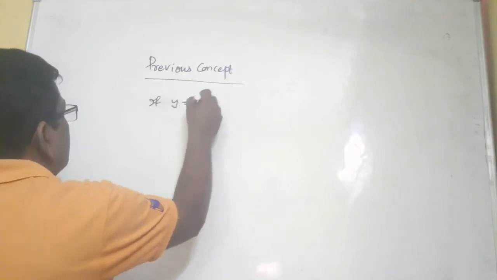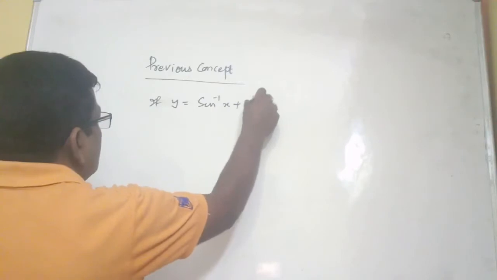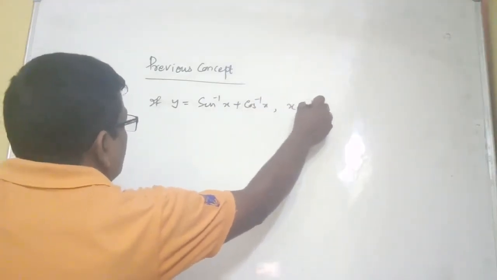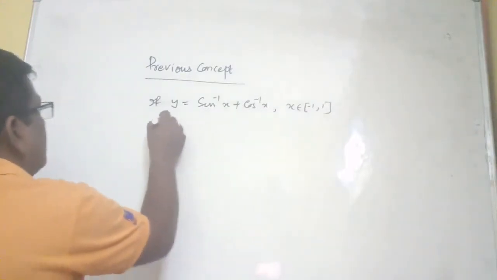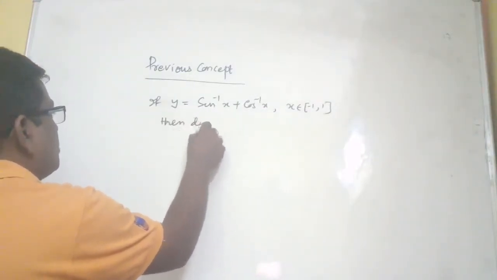If y is equal to sin inverse x plus cos inverse x, x belongs to -1 to +1, then dy by dx is equal to dash.